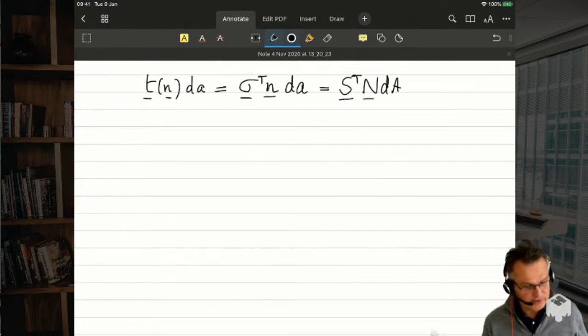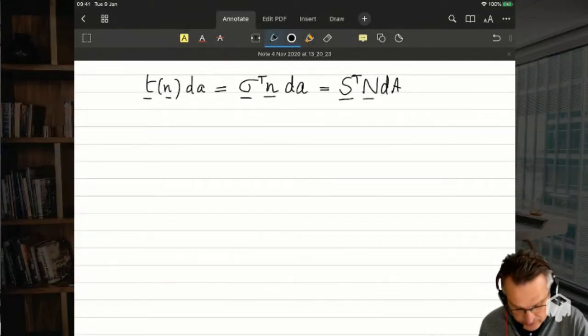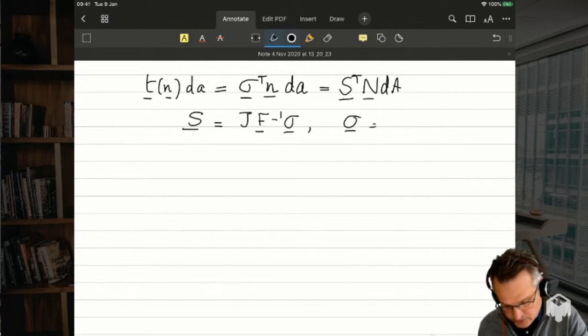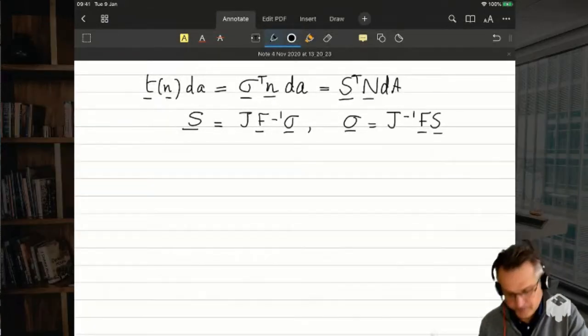For this, we just had to use Nanson's formula and introduce this quantity S, the nominal stress tensor, J F minus 1 sigma, which you can invert into sigma equals J minus 1 F S.